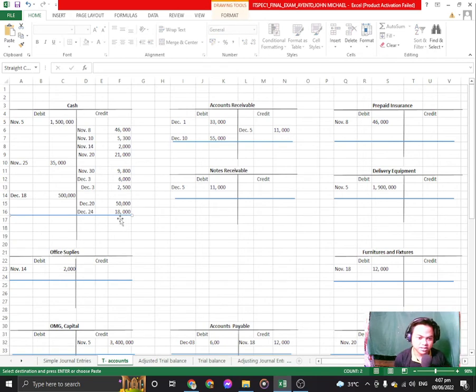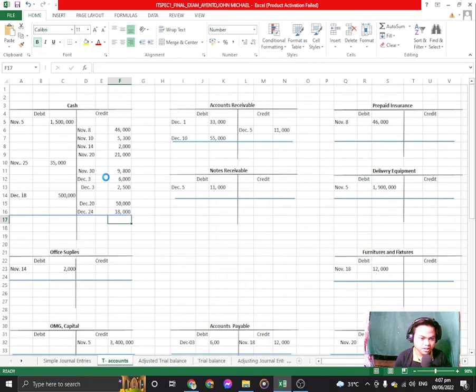Total siya og 161,600 pesos. Ako lang gimano-mano kay ganina nagtry ko og gamit og formula, ang mali lang siguro ko, pero para sure, imano-mano lang.